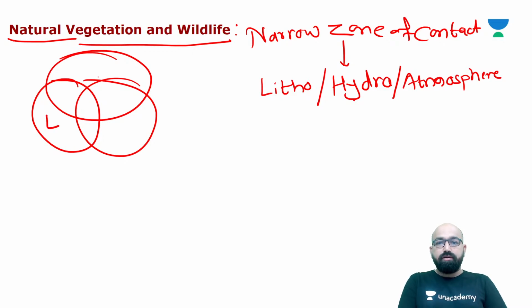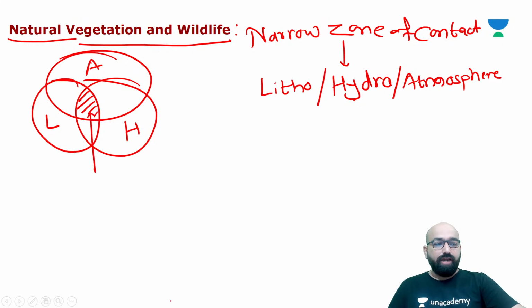So, for example, this is lithosphere, this is atmosphere, and this is hydrosphere. So friends, this area is biosphere.